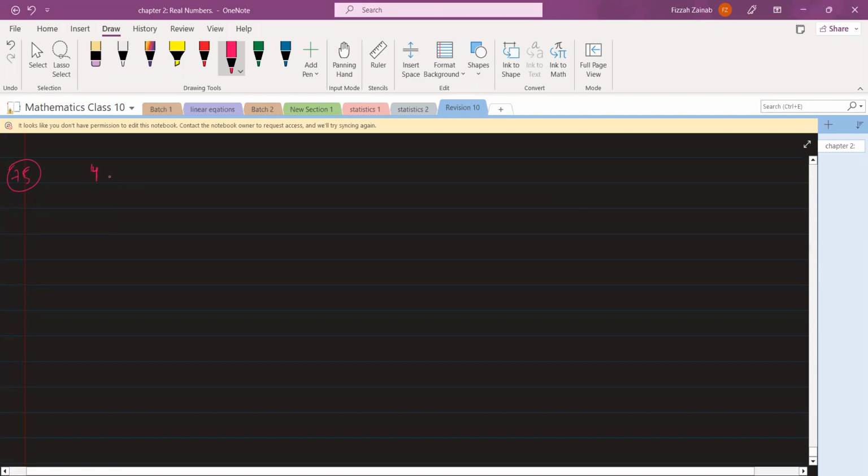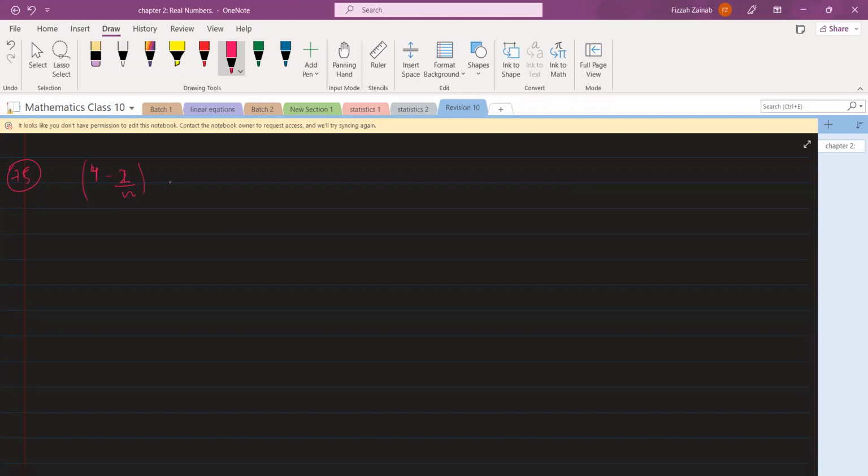So this one I'm solving. So 2 by n, right? Then plus, it's minus here. No, it's plus. Oh, I've written wrong. First is 1 by n, then you have 2 by n, then you have 4 minus 3 by n, and so on, right?